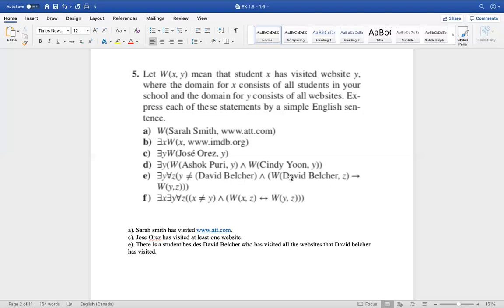So if this thing happens, then this thing happens. So there is a student besides David Belcher who has visited all the websites that David Belcher has visited. So this Y represents that there is a person.